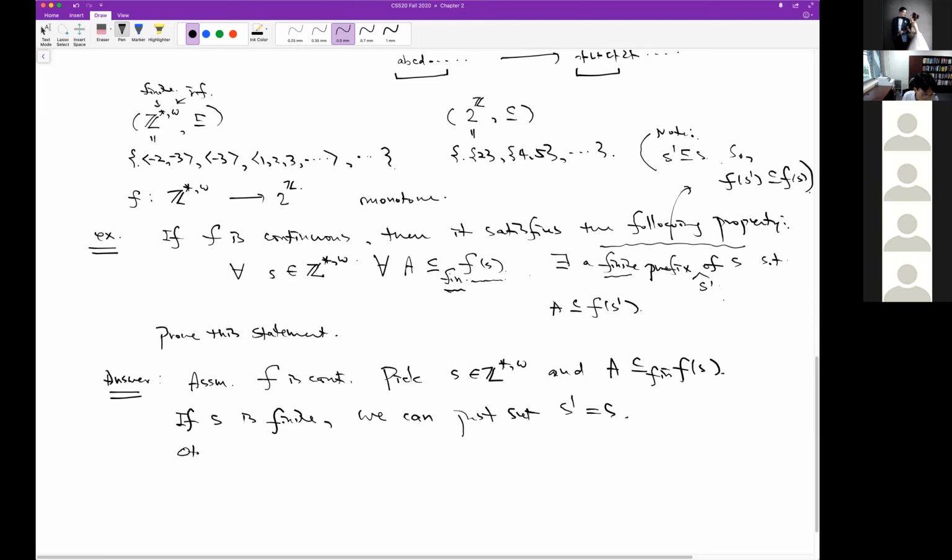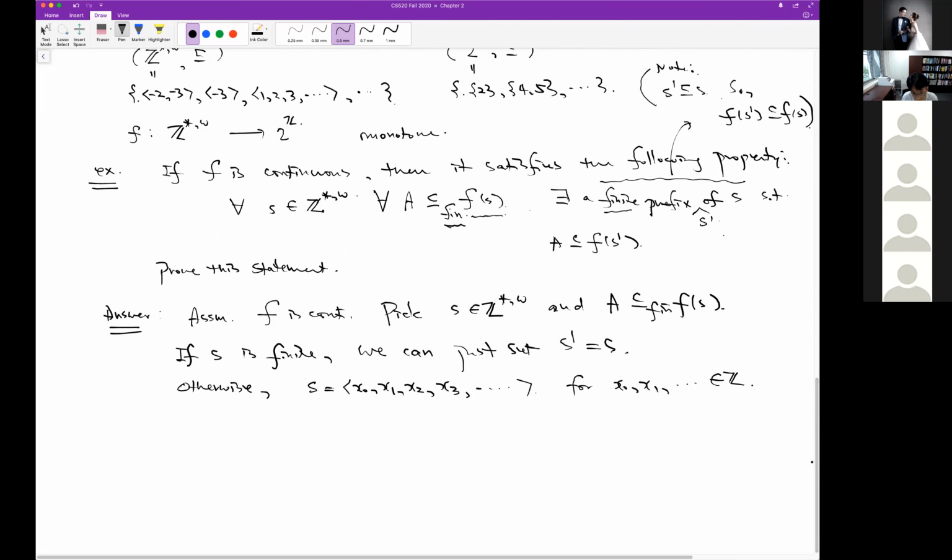Otherwise, the sequence is infinite. So S will have the form x0, x1, x2, x3, and so on. It's an infinite sequence where x0, x1 are elements of Σ.